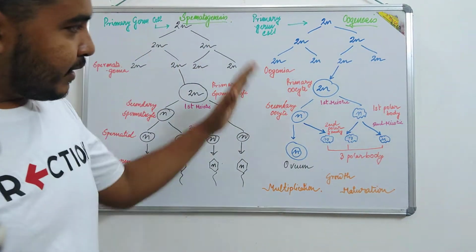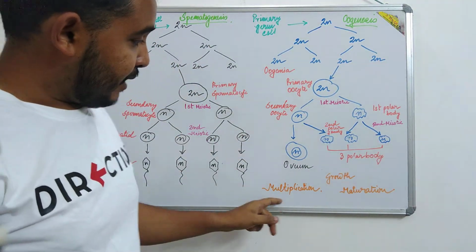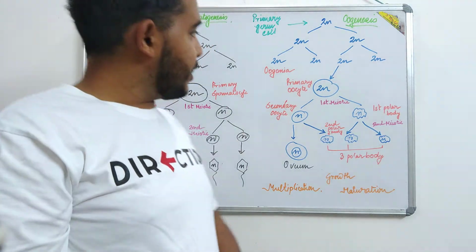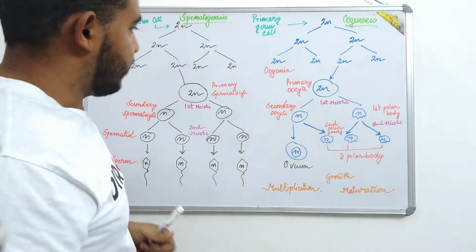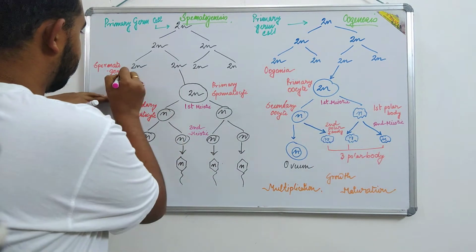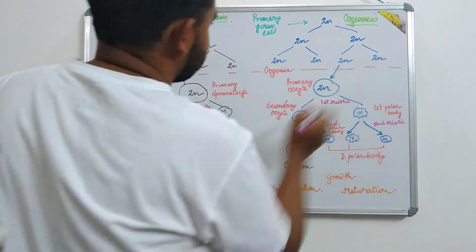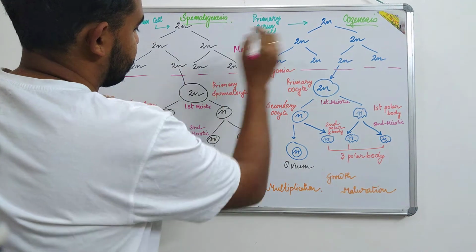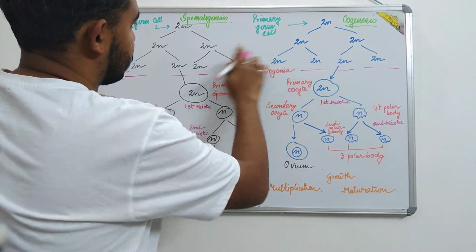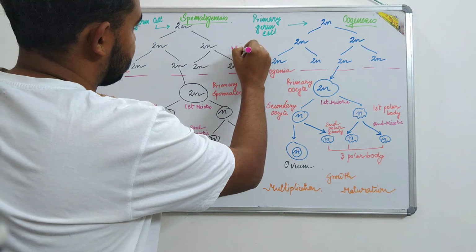So there are three steps actually, I have mentioned: multiplication, growth, and maturation. Let me draw with a pink pen. Sorry, extremely sorry, this is multiplication.